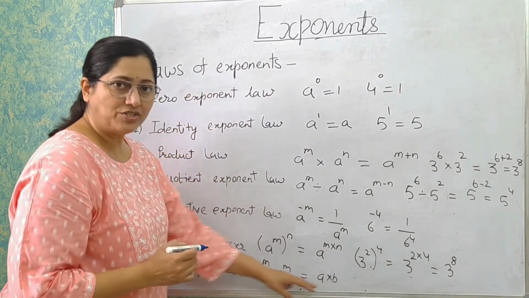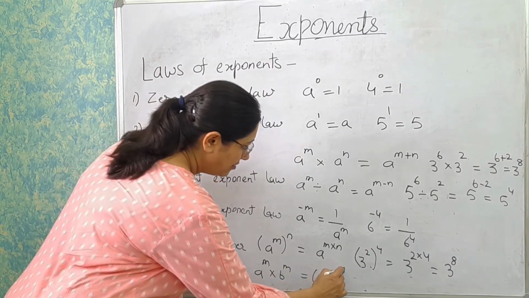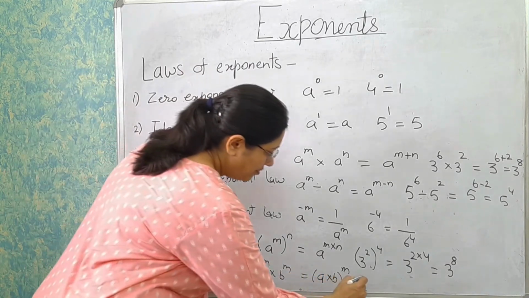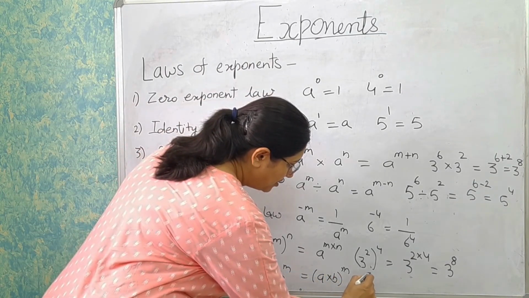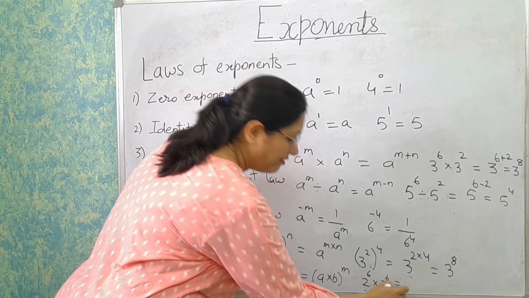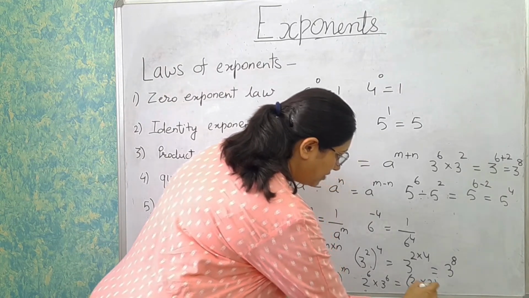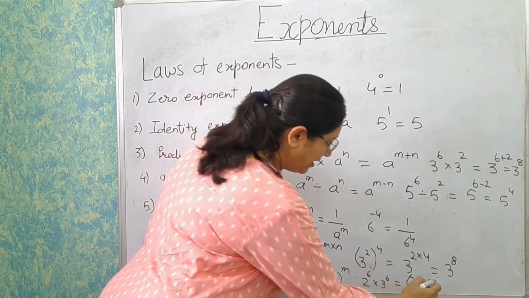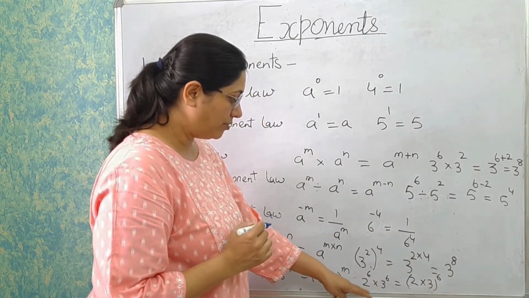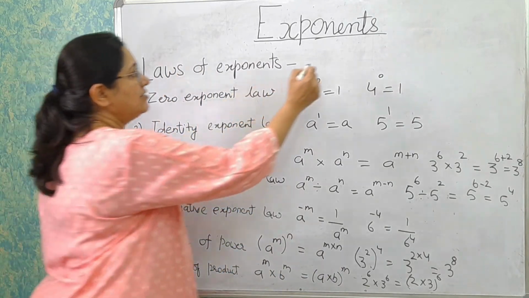Now I will put these two numbers in a bracket and then I will write exponent as m. For example, if I say 2 to the power 6 multiplied by 3 to the power 6, then I can write it as 2 into 3. I will close the bracket and then I can write raised to the power 6, because 6 is the common power of them.